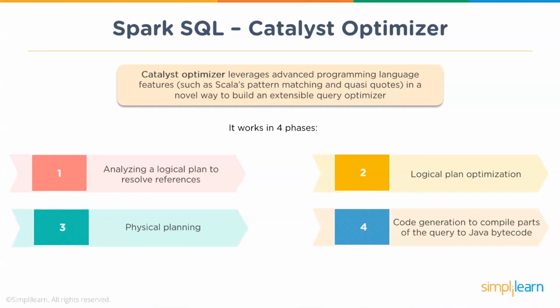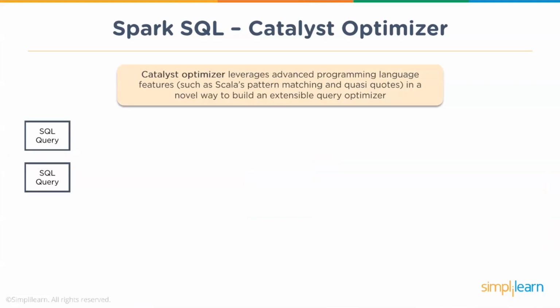It analyzes a logical plan to resolve the references when you are querying the data. It has a logical plan optimization internally, which will come up with the best way to get to the data. It has a physical planning layer, and then it also does code generation to compile parts of the query to Java bytecode.